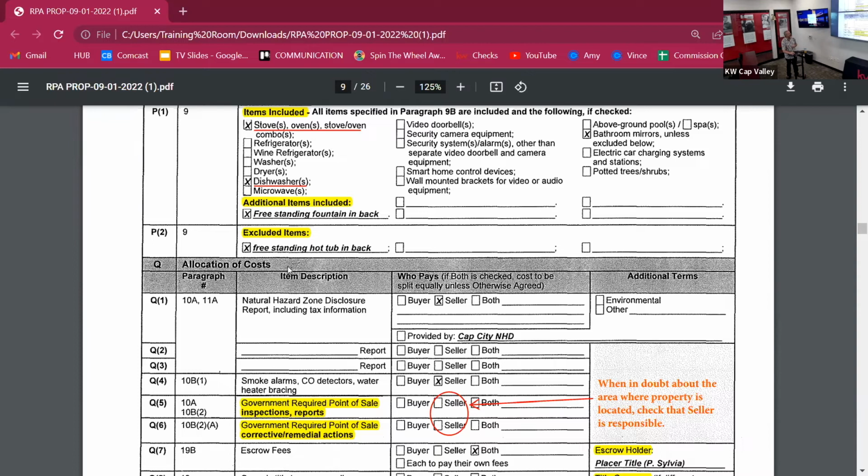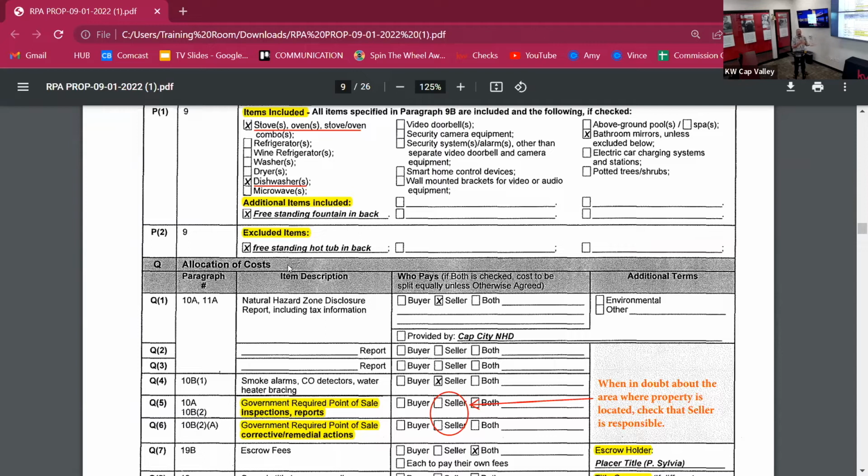Likewise, as a general rule, if it's part of the real property, it's always included. So, if you have a built-in stove, that's a fixture, that's included as part of it. But if you have a freestanding stove, that's considered personal property. So if the seller wanted to take it, they could, unless you note it here that it is included.